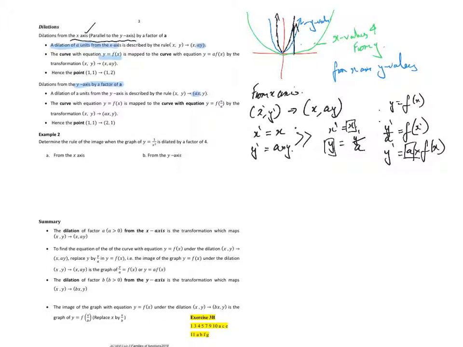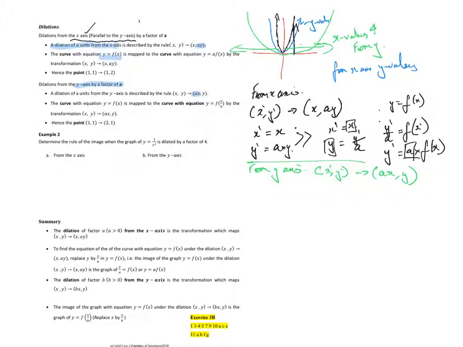If we compare that to dilating from the y-axis, we're shifting across, we're stretching that way. The x value gets affected. So my point x, y becomes x dash, y dash, the point where the x value gets increased and the y value doesn't change.